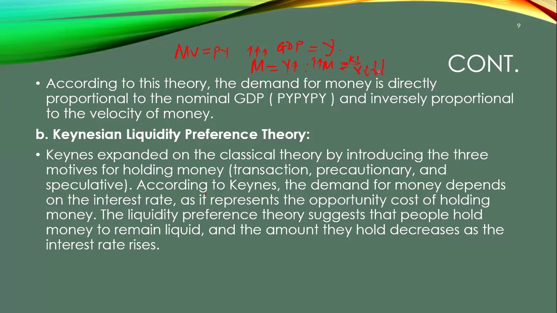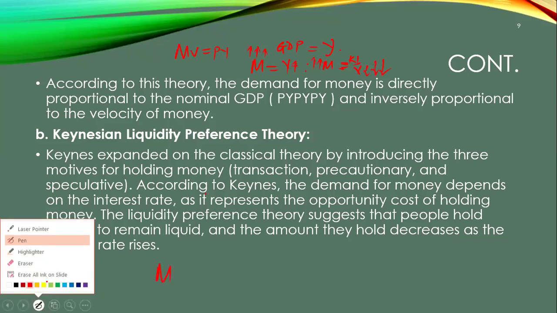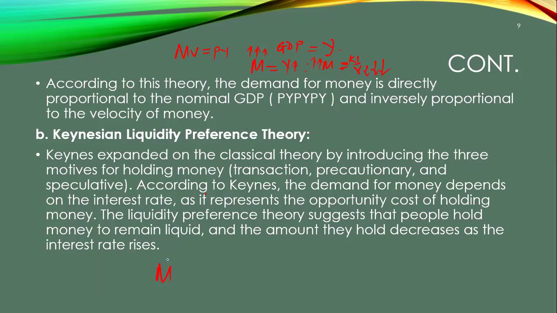In other words, the rate at which it changes hands from one person to another tends to go down. So when we talk of directly proportional, if M increases, then Y decreases.